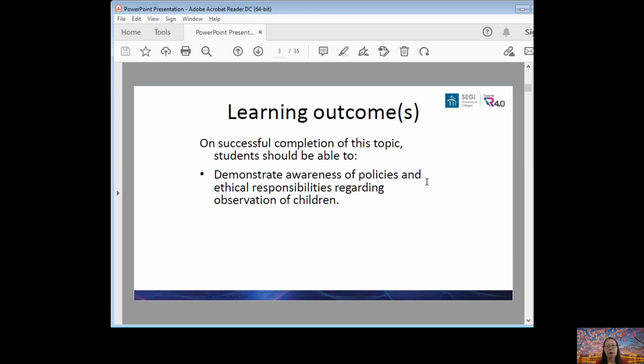Where can I do this? By the end of the lesson, you will be able to demonstrate ethical responsibilities and policies with regards to observation. Then you know what the responsibilities are as an observer.